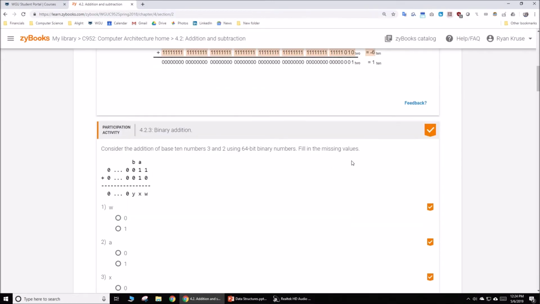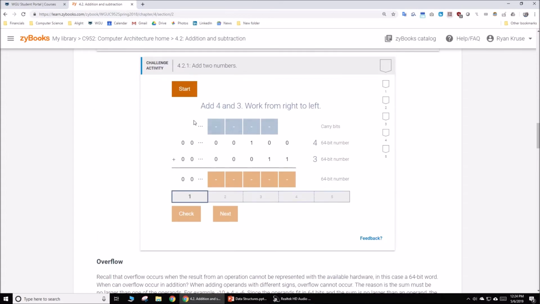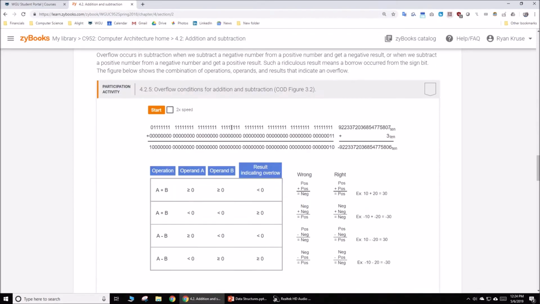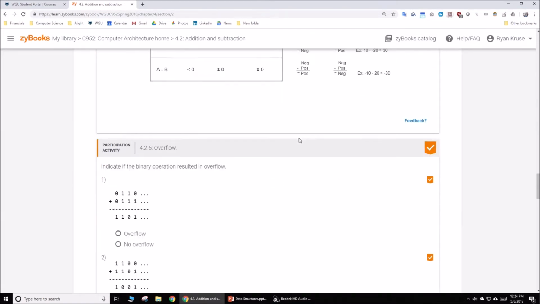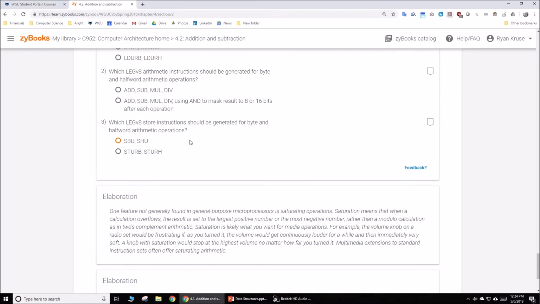You're working with ones and zeros, how assembly code works, and it all makes sense. The challenge activities are helpful, the participation activities are helpful, and these all appear on the exam. So this was really interesting, and I enjoyed working through these sections.